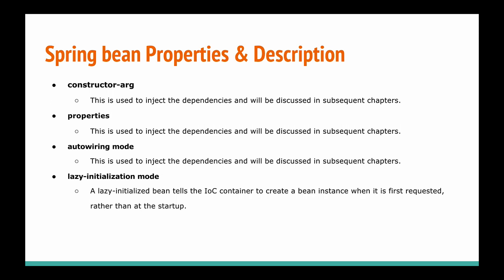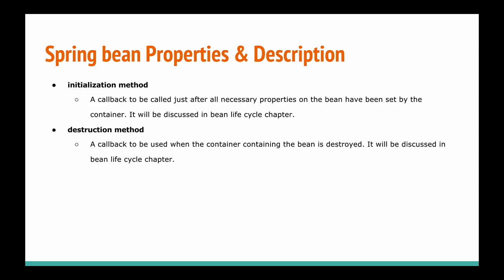This is used to inject dependencies and will be discussed in the subsequent chapters. And a lazy-initialized bean tells the IoC container to create a bean instance when it is first requested, rather than at startup.